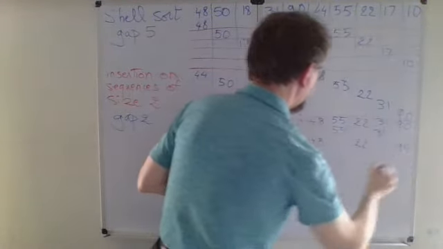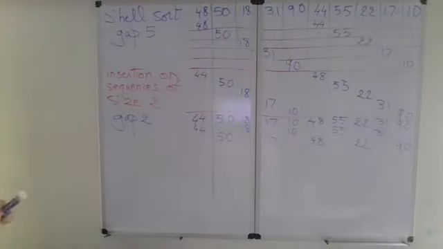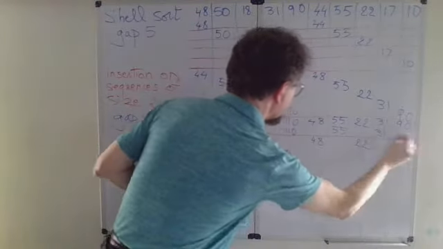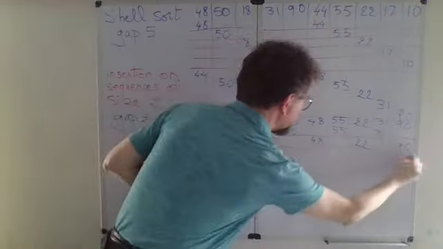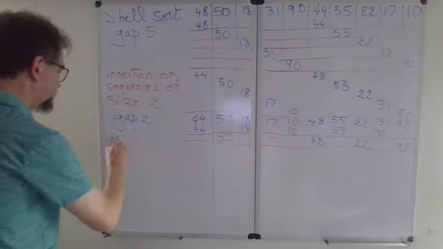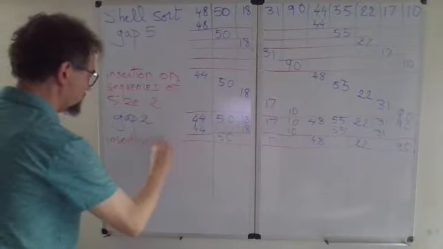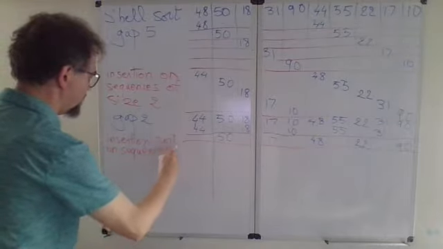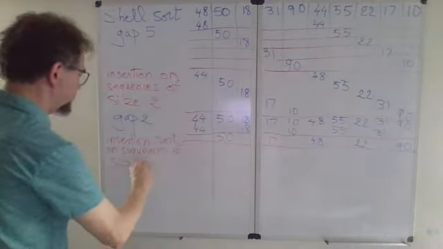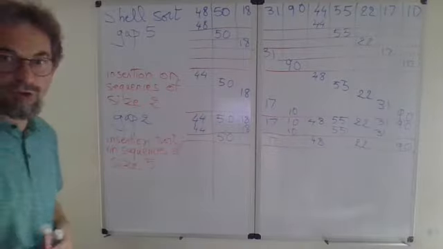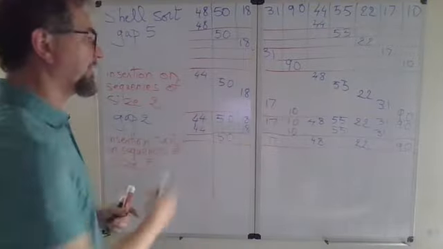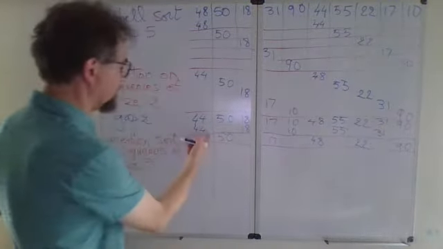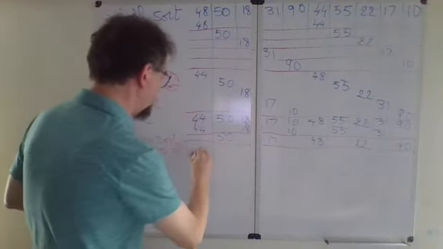Now I will apply insertion sort on two sequences. I have my first sequence, and here I have my second sequence. I will apply insertion sort on sequences of size 5, and after every insert that I do, I will show the evolution of the sequence. So I start with 44, I insert 18.